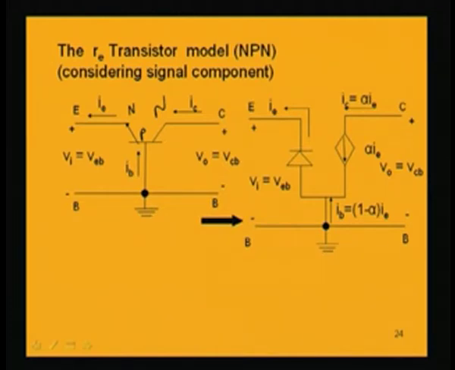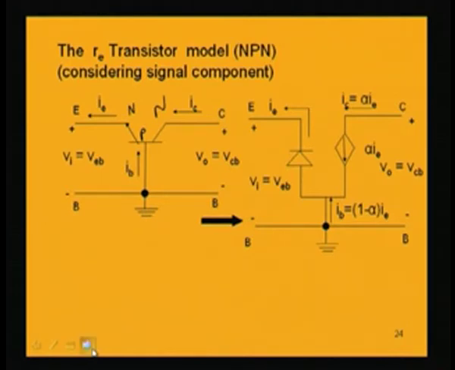The current directions will also be different, because now the emitter current will be going out, and the base current and collector current will be coming into the transistor, and the current source direction will be this way, that is towards the transistor. So, this is the difference between the NPN and PNP, but it is the same model.